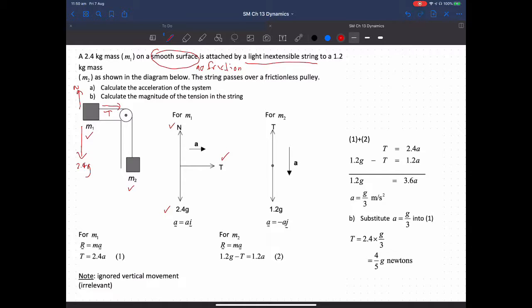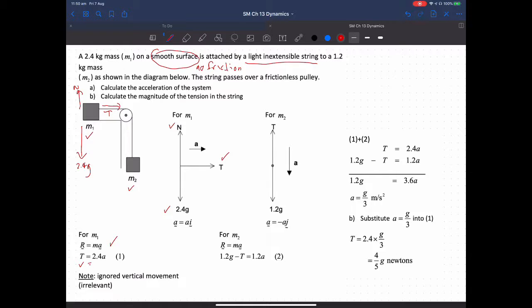So what I can say for M1, we know R equals MA. We know T must equal 2.4 times A. 2.4 is the mass, A is the acceleration.